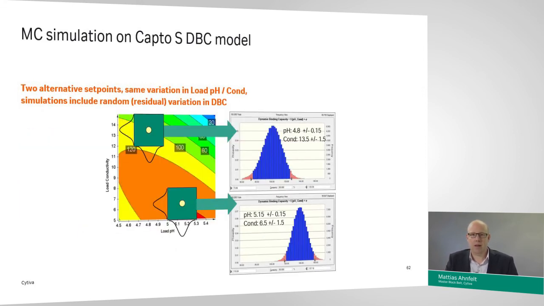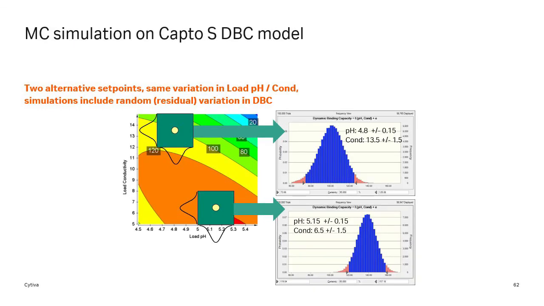So to exemplify that, here is how that would look for the Capto S example, the Capto S response surface that we looked at previously, with two different set points for salt and pH, or conductivity and pH. So we have the first target, I'll use the arrow here again.